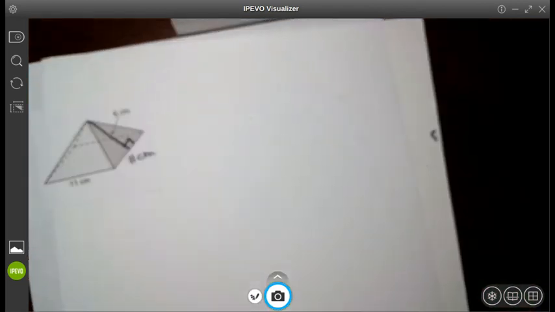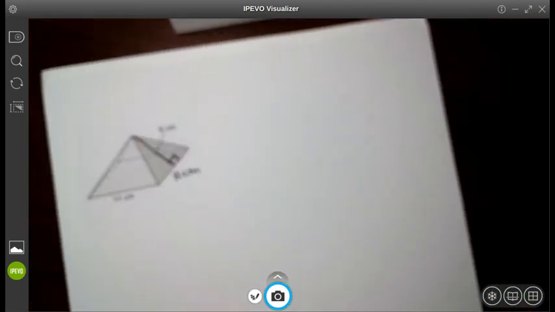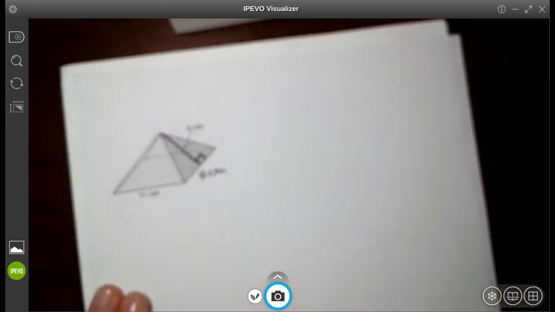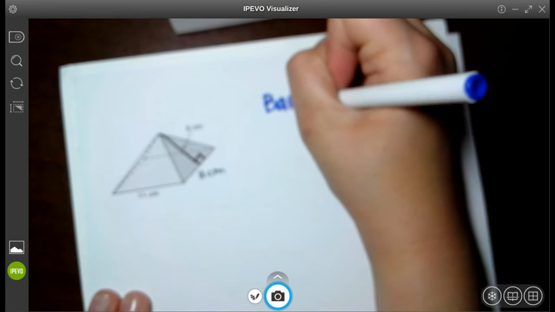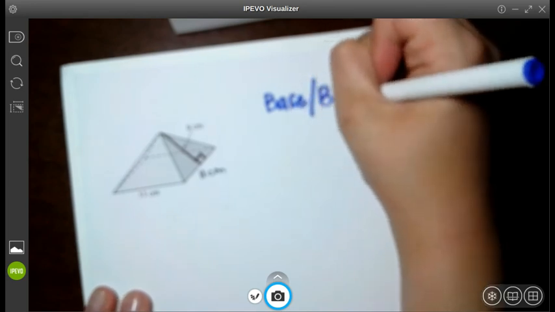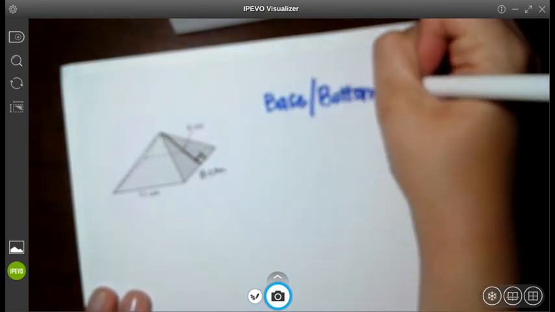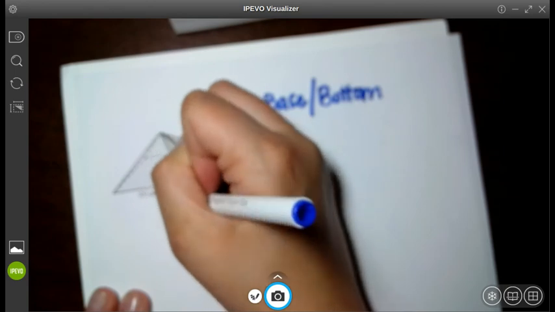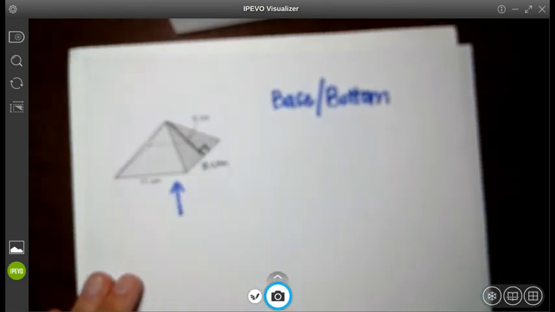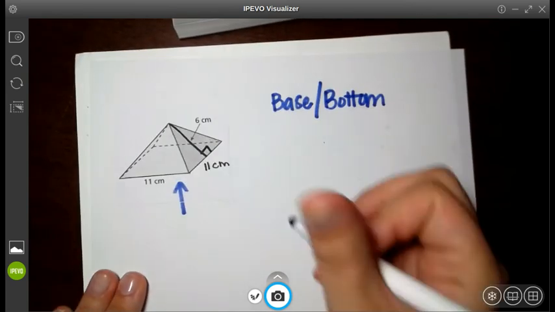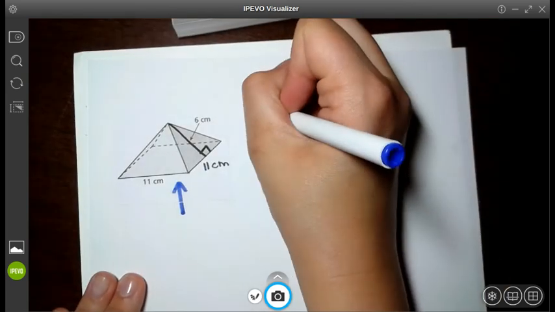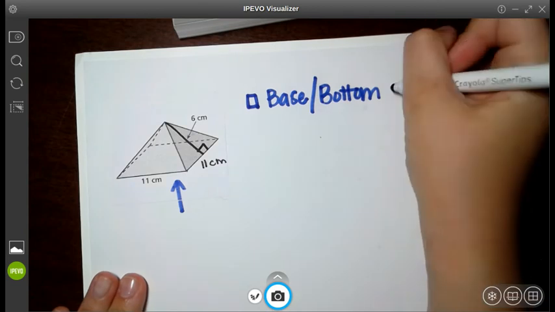Okay, so let's organize our space a similar way that we did before. So we're going to have a base, you could call it a bottom. That will be like the view looking up. If you want to give yourself a little clue over here, it's a square.